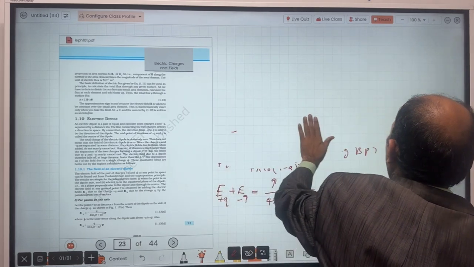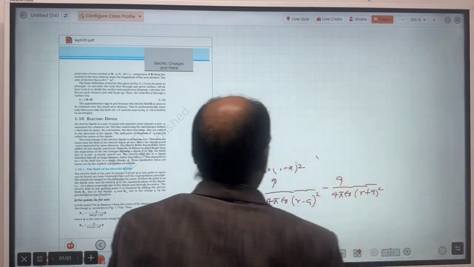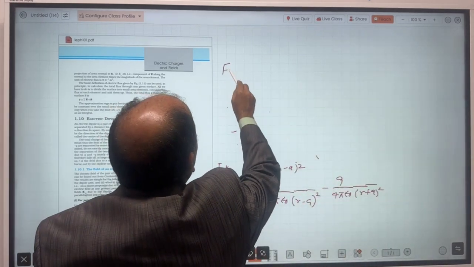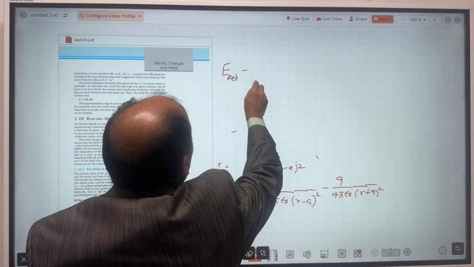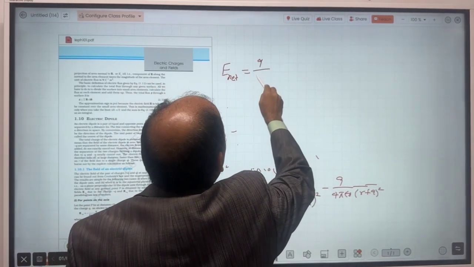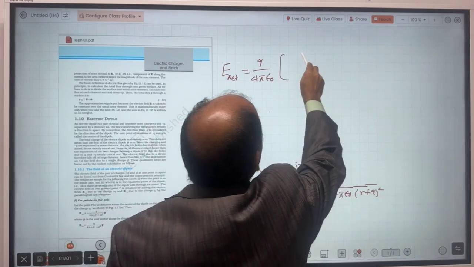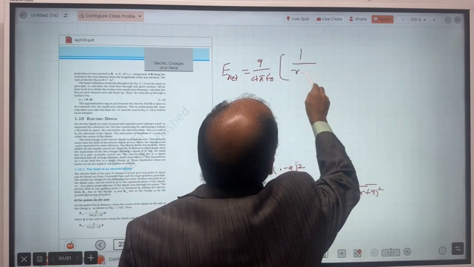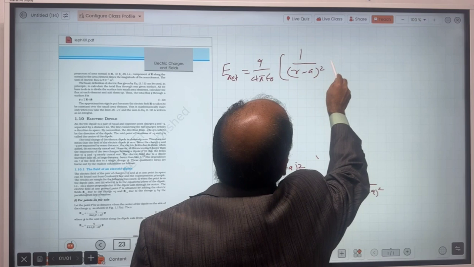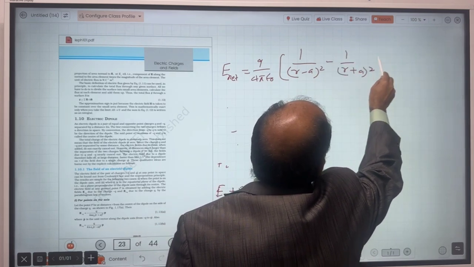So on simplification, what do we get? Suppose we write E net. Q upon 4 pi epsilon naught can be taken common. Then 1 upon R minus A whole square minus 1 upon R plus A whole square.